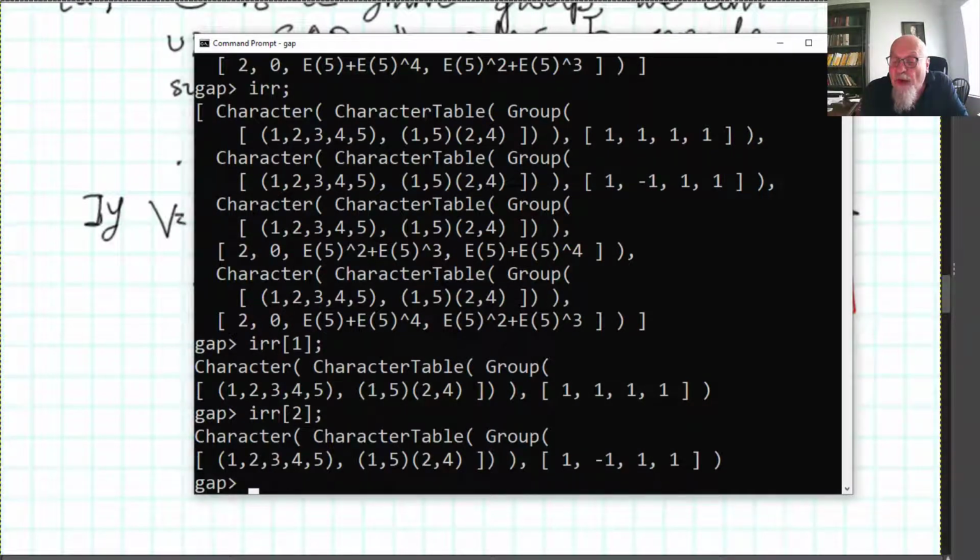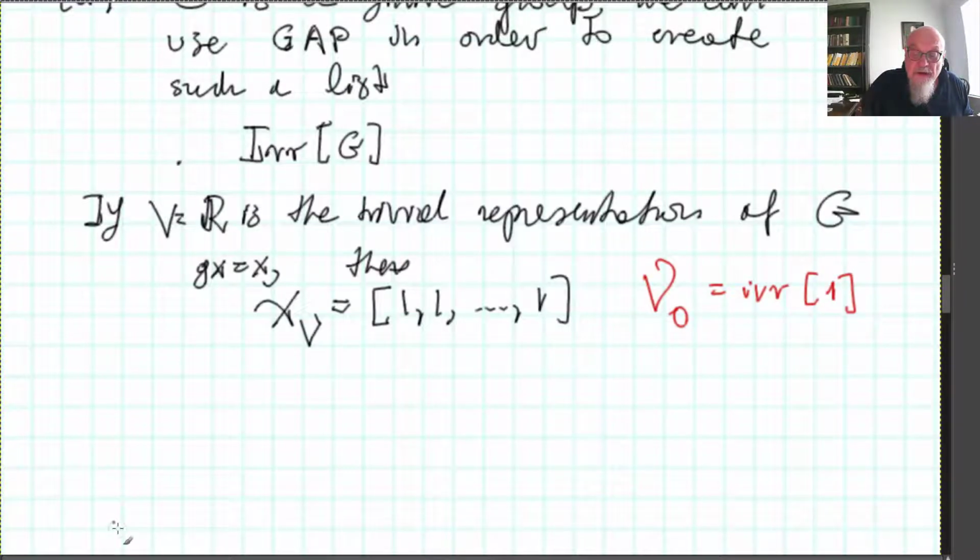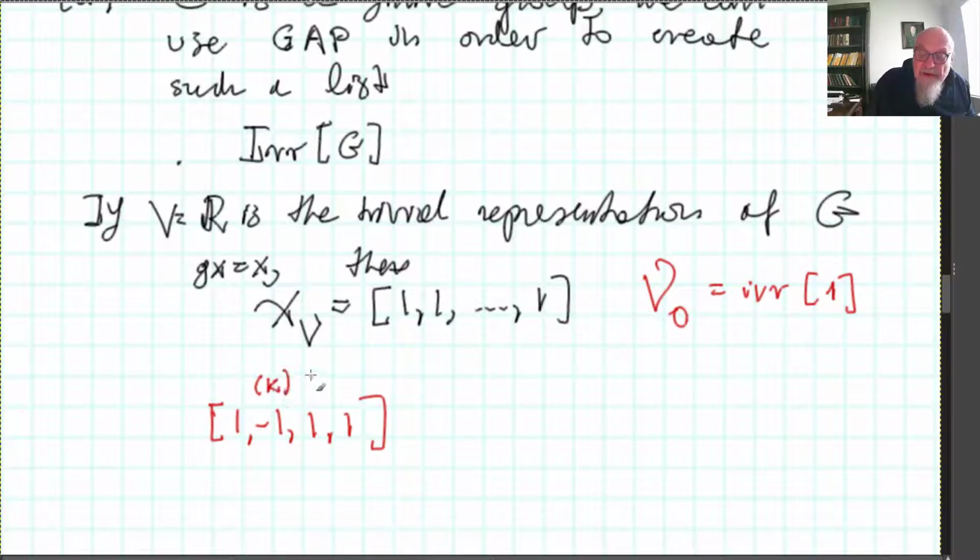I'm getting here, oh, this looks also one-dimensional. We have this vector which is 1, minus 1, and this one is 1 and 1. And notice, as I remember, this is kappa, this is gamma, this one is gamma square, and this one is 1.